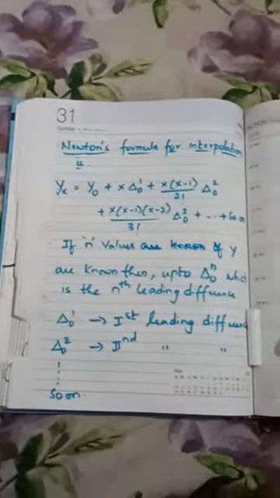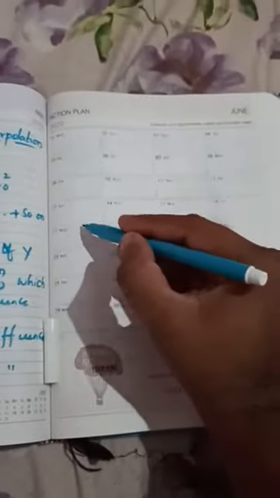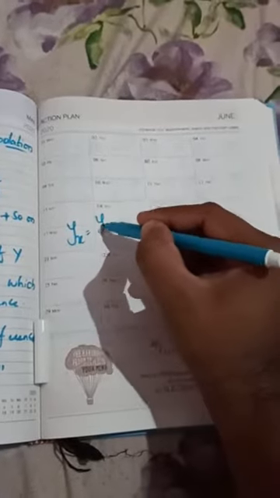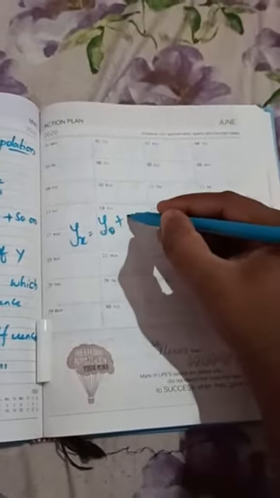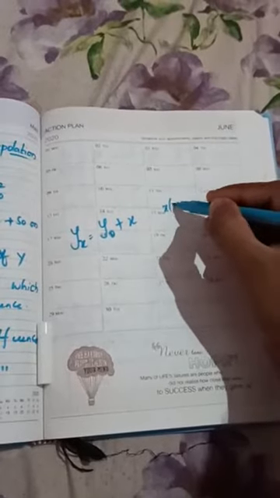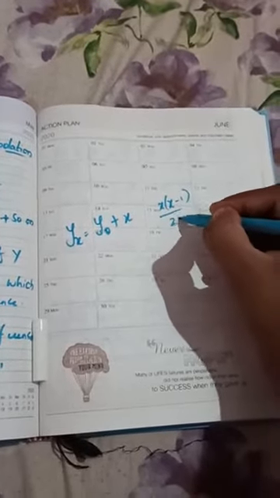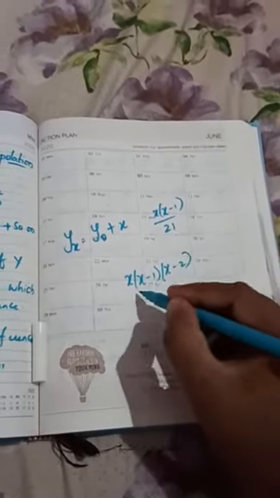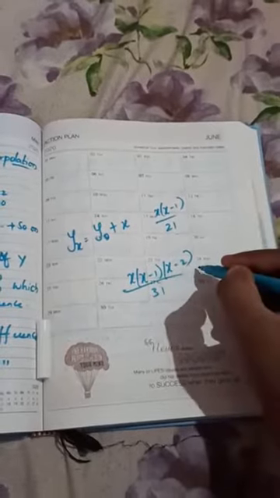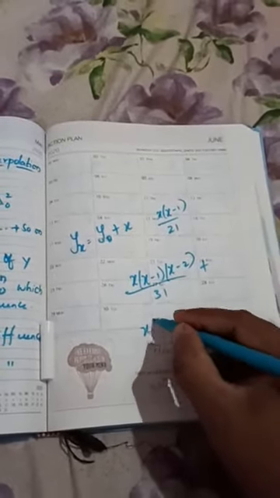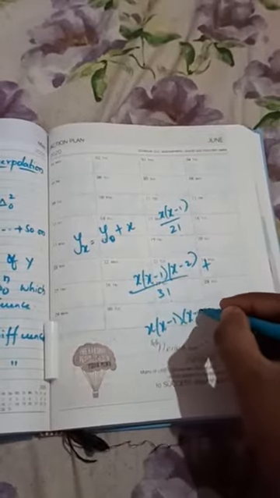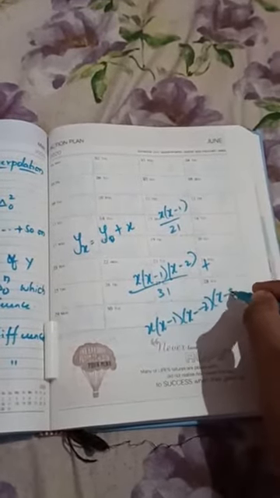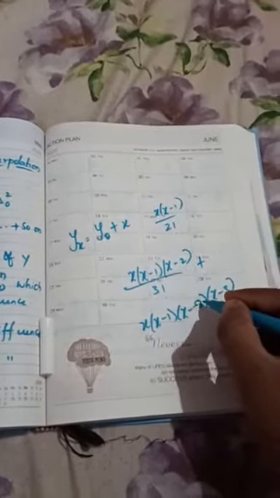plus, and so on. In a simple manner I'll show you how to write this formula. First yx equals y naught plus x, minus 1 by 2 factorial, x minus 1, x minus 2 by 3 factorial, plus x minus 1, x minus 2, x minus 3 by 4 factorial.